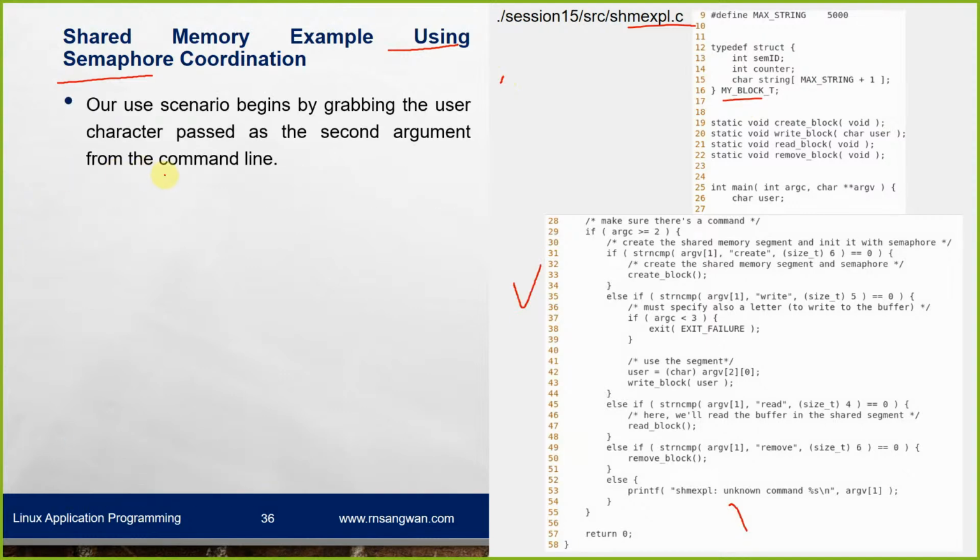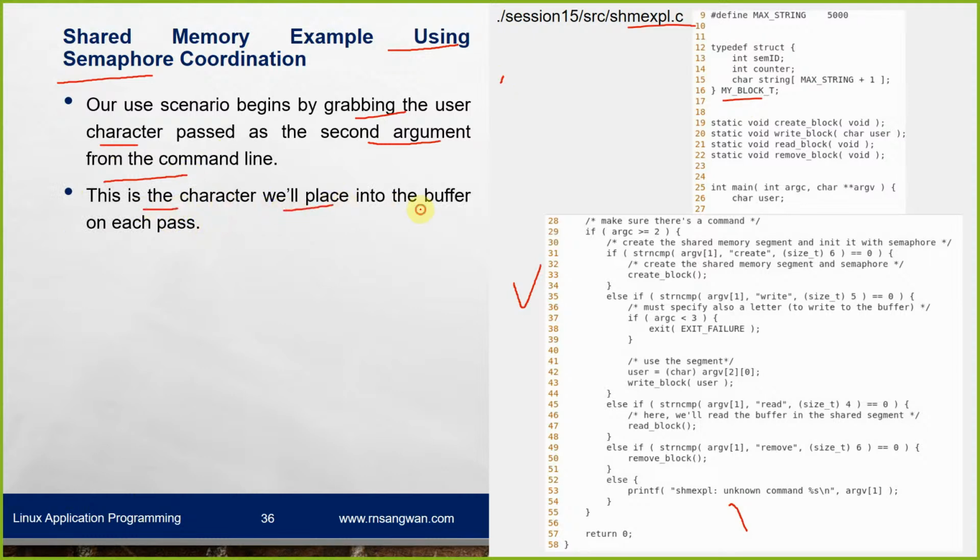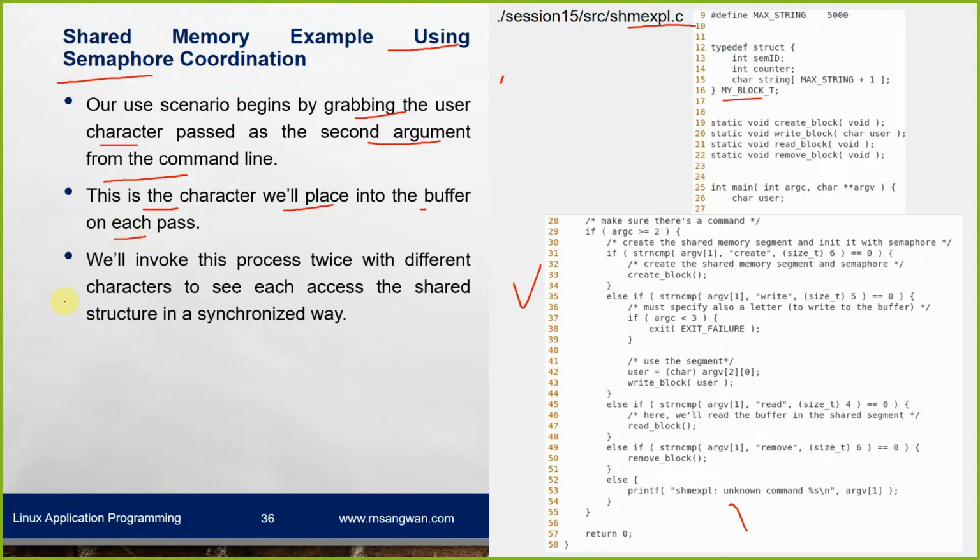Our scenario begins by grabbing the user's character passed as the second argument from the command line. This is the character we'll place into the buffer on each pass. We'll invoke this process twice with different characters to see each access the shared structure in a synchronized way.